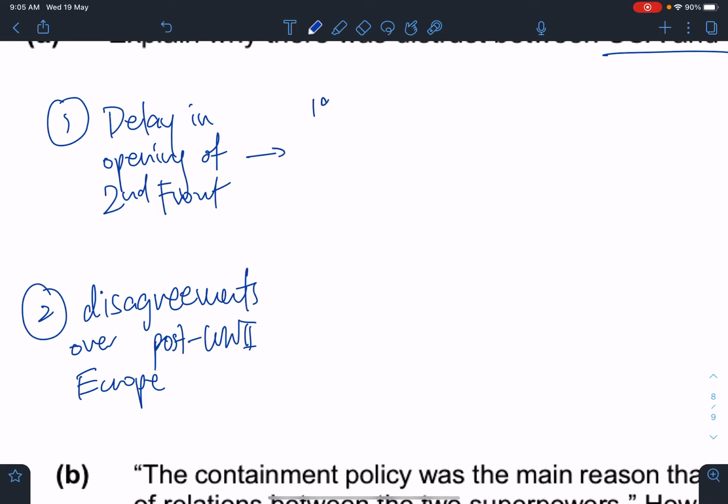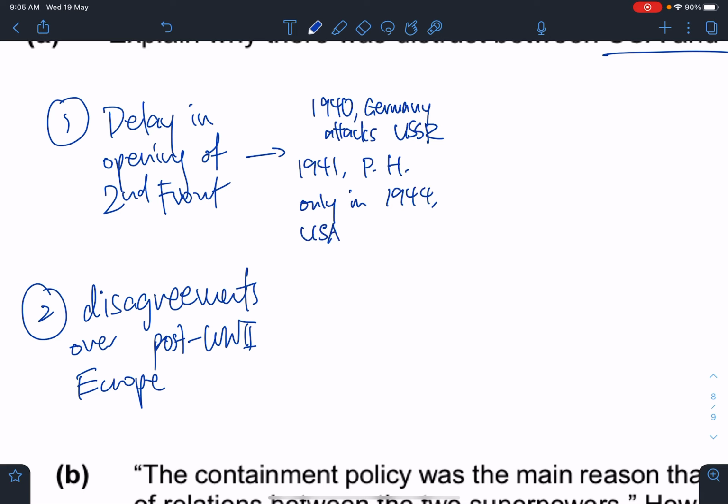So I know that in 1940, Germany attacks USSR. 1941 Pearl Harbor, but only in 1944 USA opened the second front.